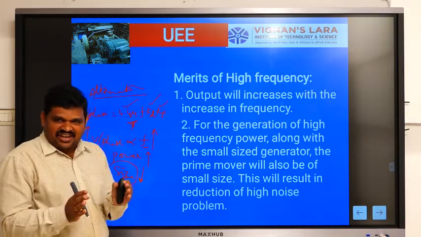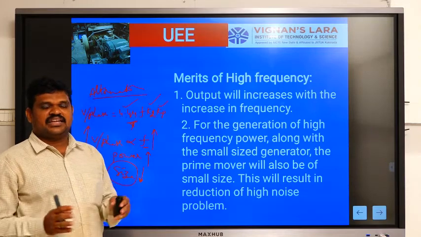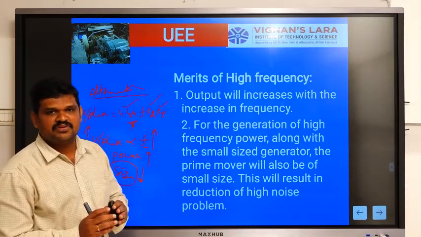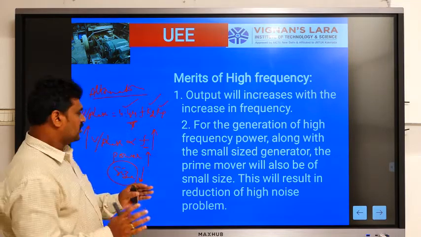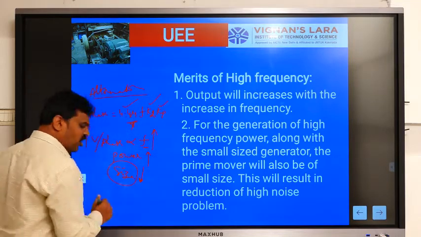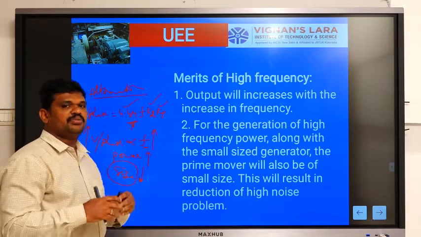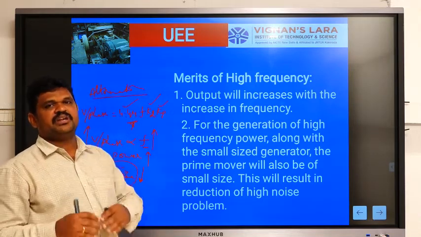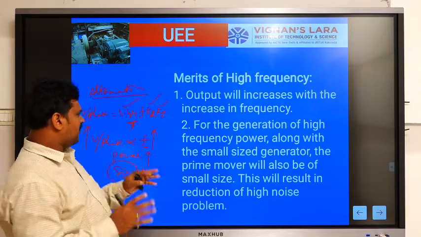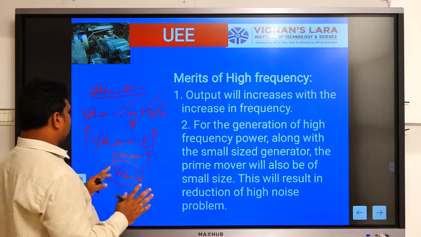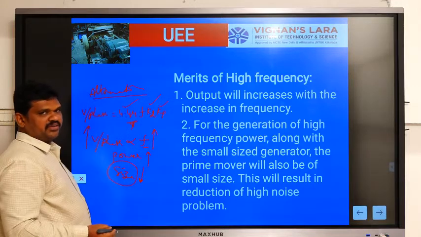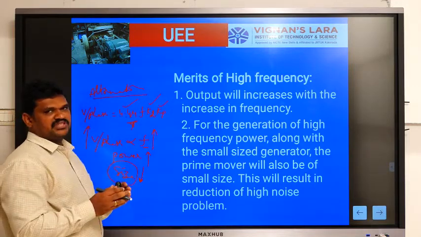If the size of the alternator decreases, the required prime mover size also decreases, so that the noise produced by the prime mover and the alternator will be reduced. So if you increase the frequency, its output power will increase and the size of the machine will decrease.